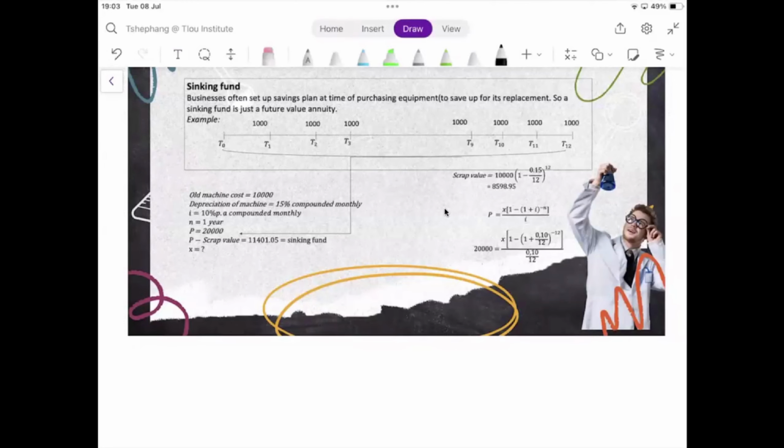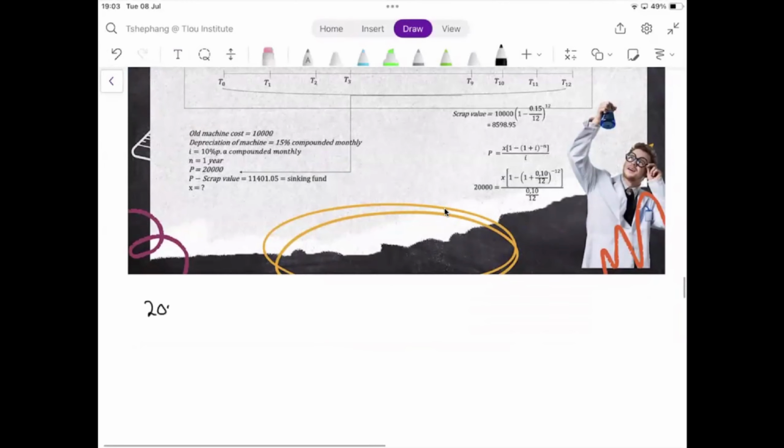Let me just write down what I'm saying. So 2025, the bus cost 2 million. Because we bought it at the beginning of 2025, 2026 is a full year, and so on, to the end of 2028, that'll be a full year.